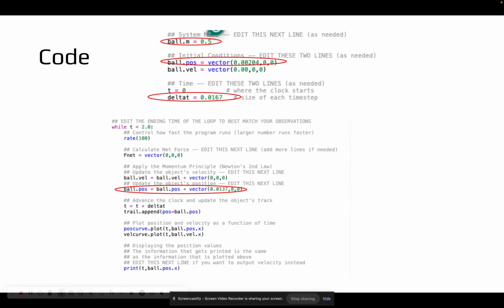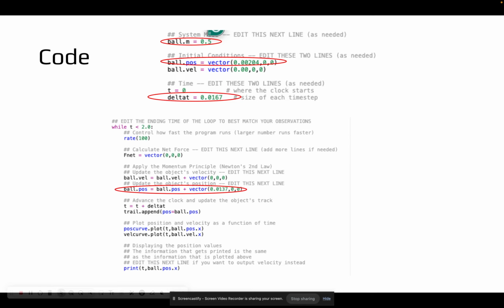So here's my code that I used for the predicted model. I set the mass of the cart equal to 0.5 kilograms, which is approximately what the cart weighs. And then the position vector, I updated it to start at 0.002. This is to model the actual movement of the cart as the cart started a little bit displaced in the beginning of the motion.